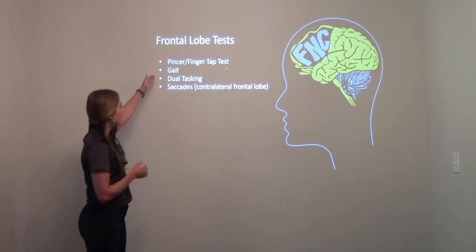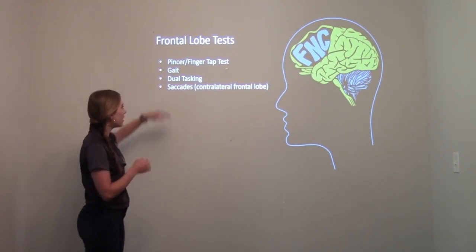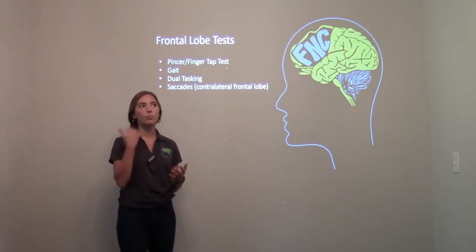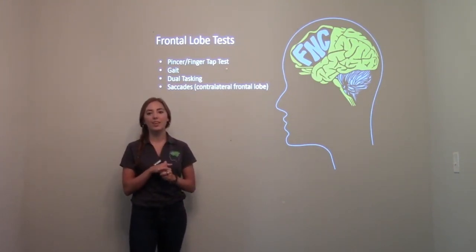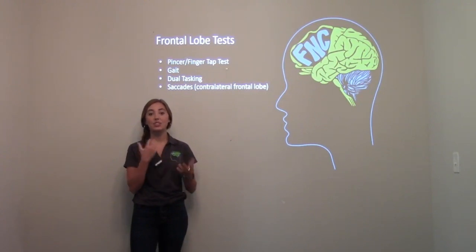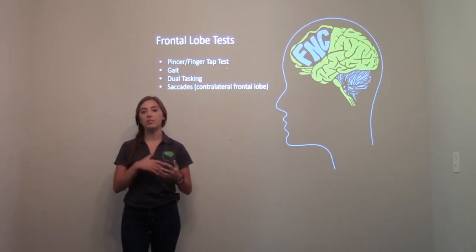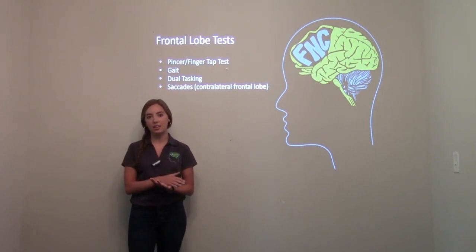And then gait and dual tasking. Gait itself, its movement, it's a whole brain function. So don't think that it's just a frontal lobe test, but the way that gait can become more indicative of telling us the function of the frontal lobe is when we add dual tasking on top of it.